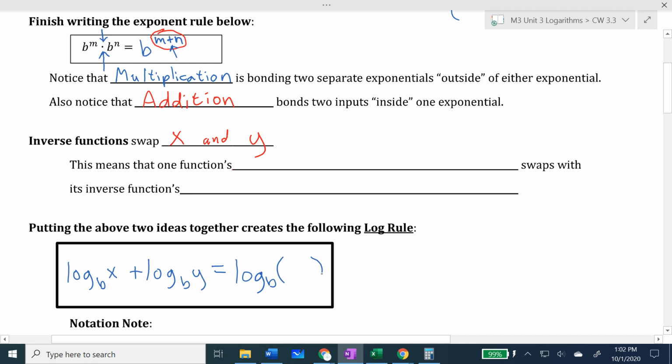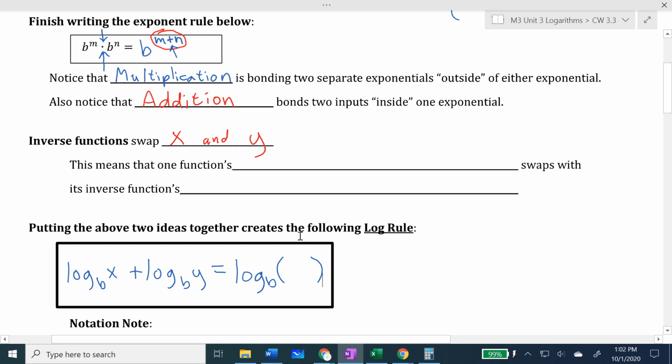And I want to remind you that logarithms are exponents. So if you remember that logarithms are exponents, look right here, you have an exponent plus another exponent. You know that you add exponents together when you have two separate exponentials multiplying.